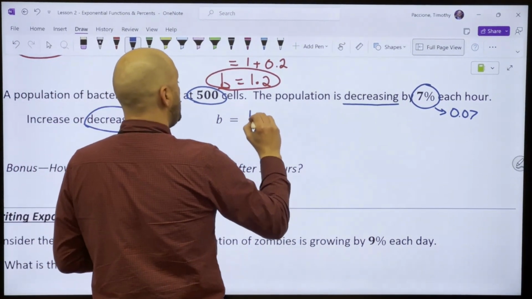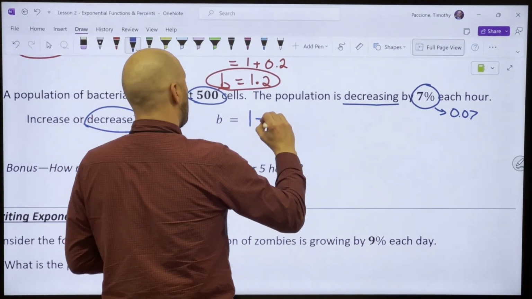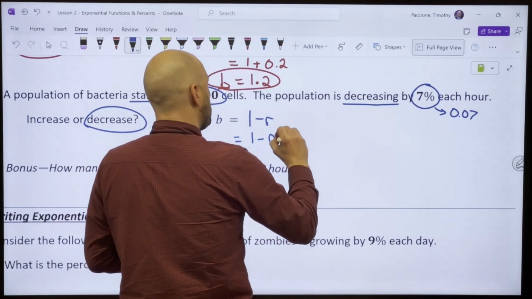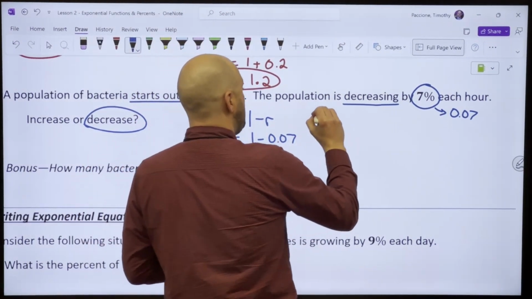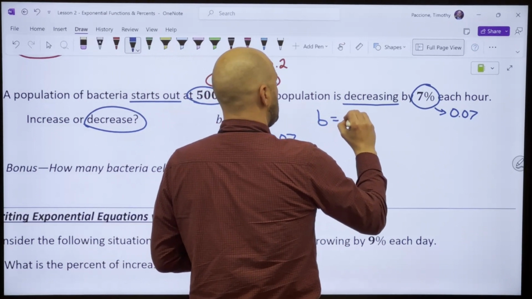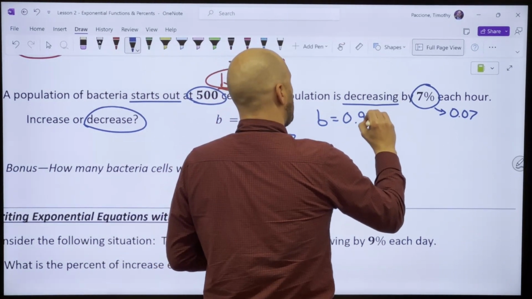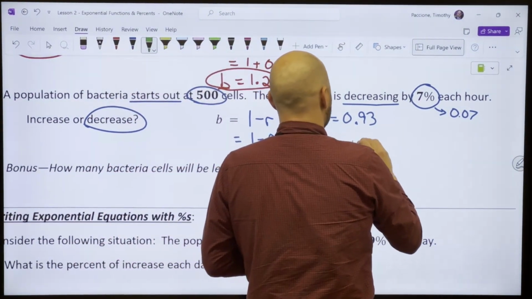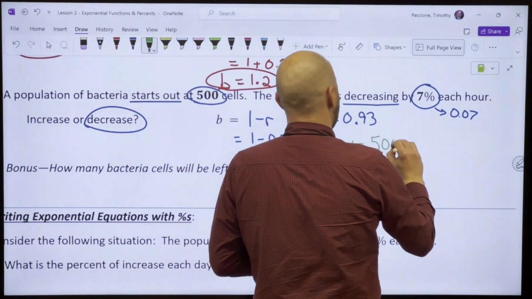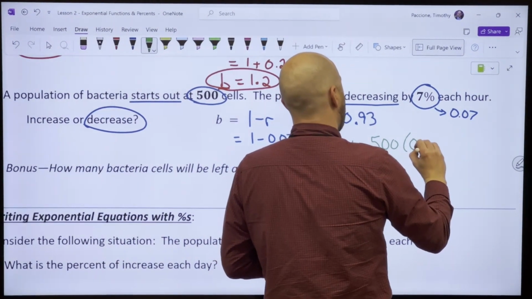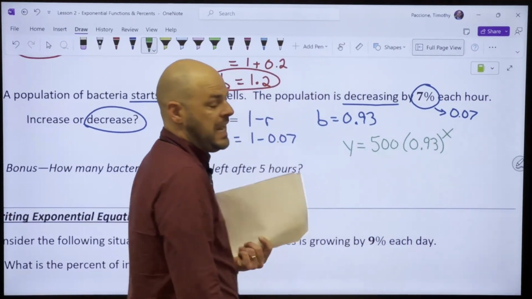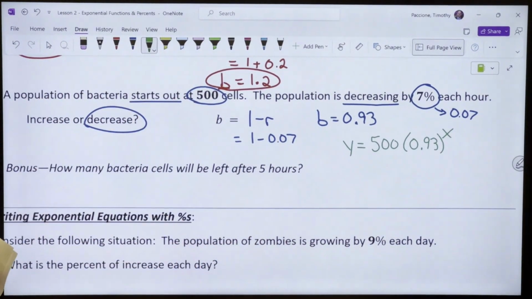So we're going to go 1 minus R, or 1 minus 0.07. So our B is what? 0.93. And let's go all the way to the equation this time. Y equals 500, our starting point, times 0.93 to the x. X represents the number of hours, right?